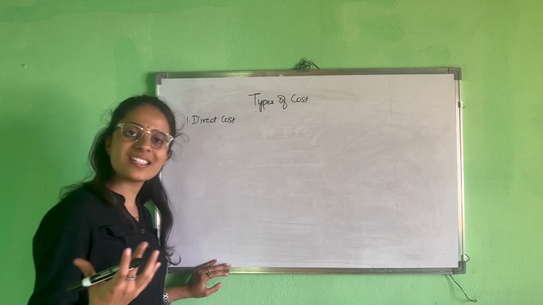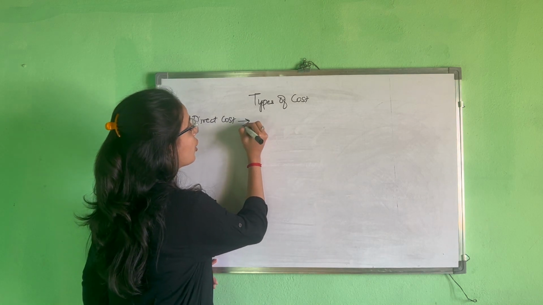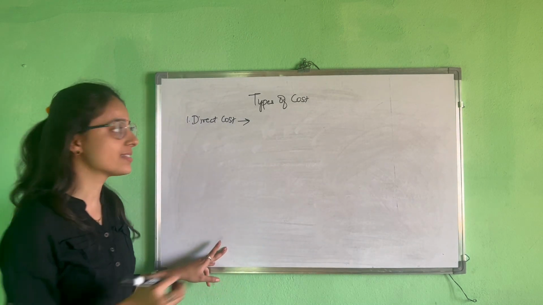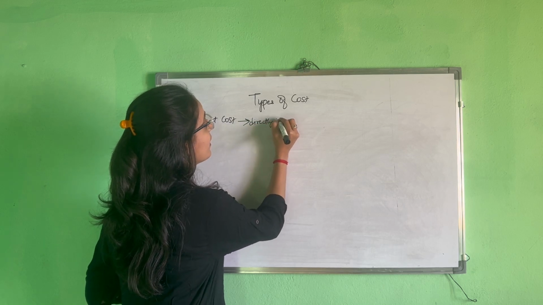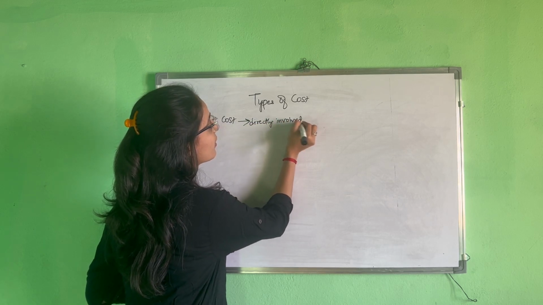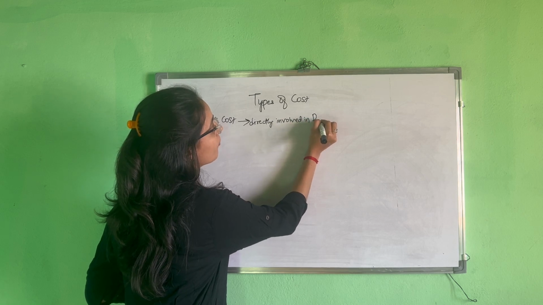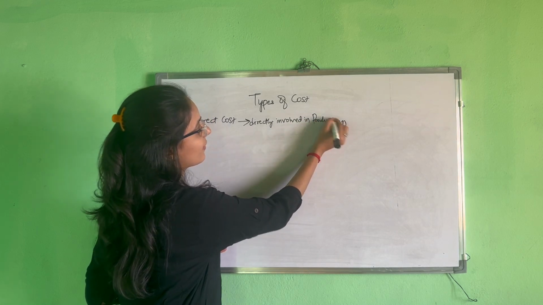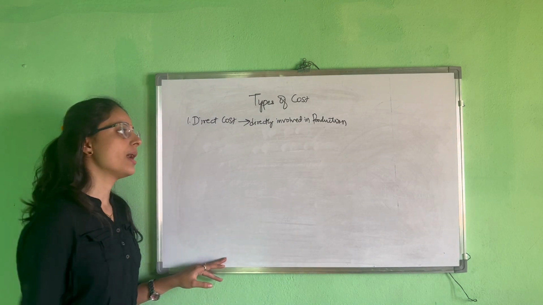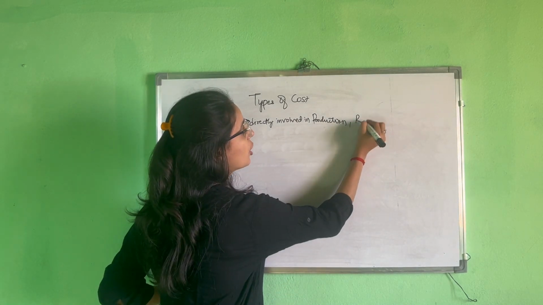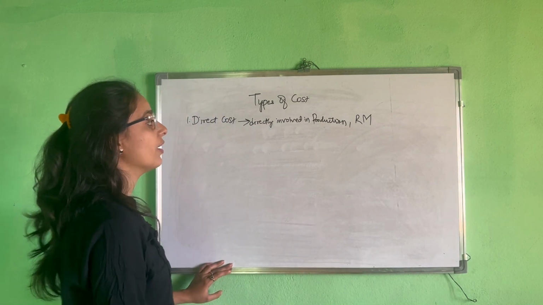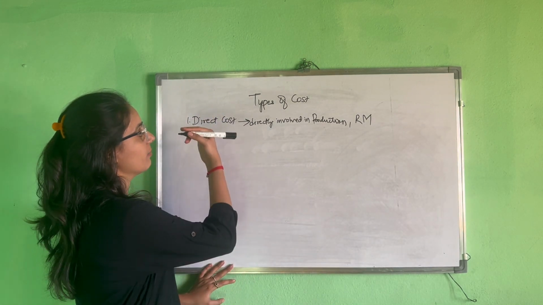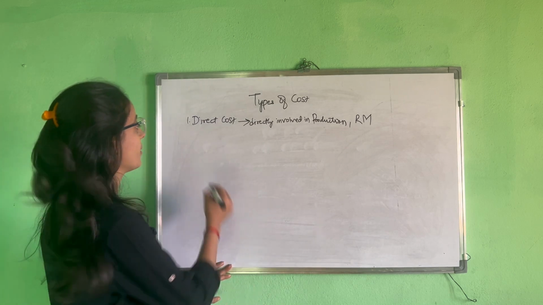Direct cost is nothing but the cost of materials that are directly involved in production. Maybe I can say raw materials, purchase of raw materials or carriage inward is nothing but direct cost.